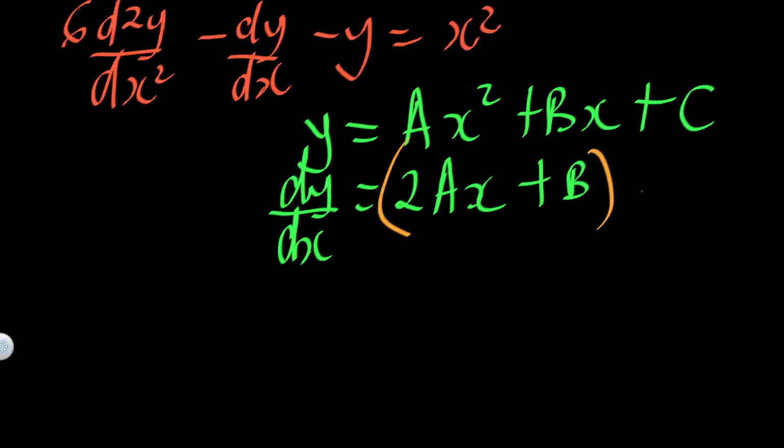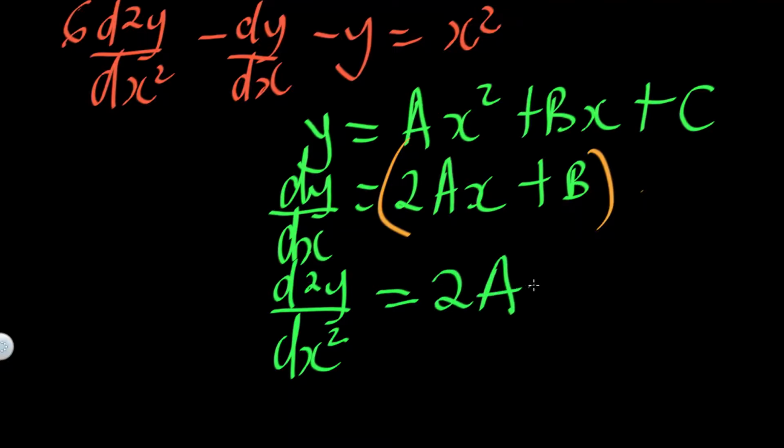Then from there, I can also find d squared y over dx squared, the second derivative of this. It is simply the derivative of 2ax plus b, which is 2a. Once I have this, I substitute back into the equation.